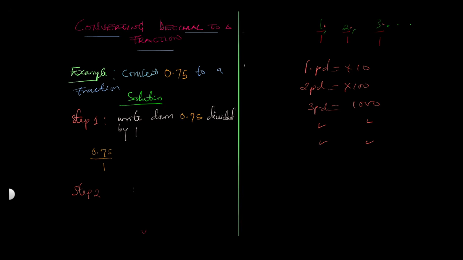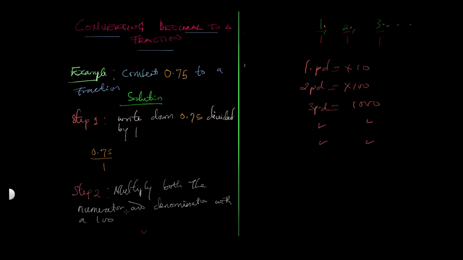Okay, let's write that instruction down. Multiply both the numerator and denominator with 100.